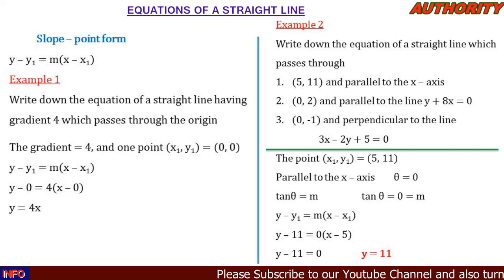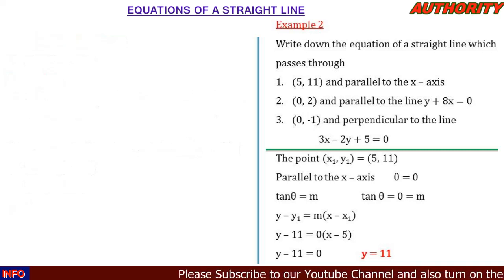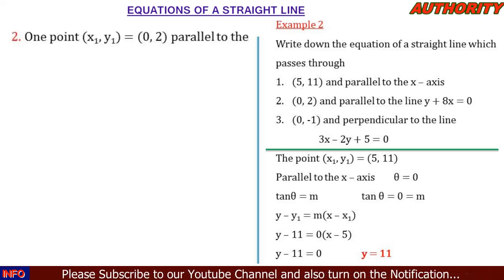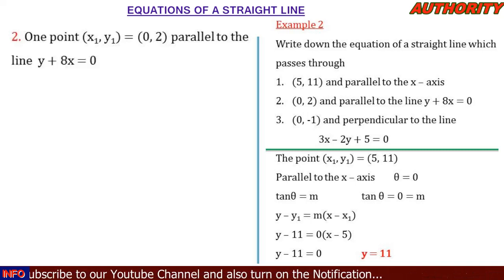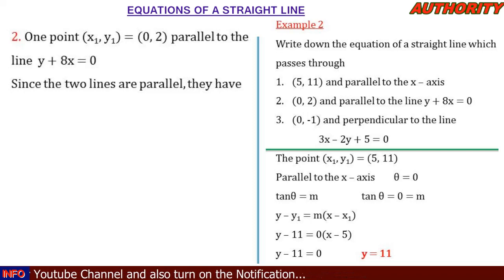Let's take the second one. We should find the equation of the straight line which passes through the point 0, 2 and is parallel to the line y plus 8x equal to 0. Since the two lines are parallel, they have the same gradient.